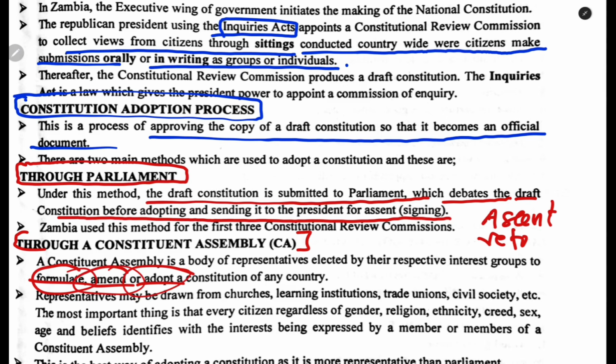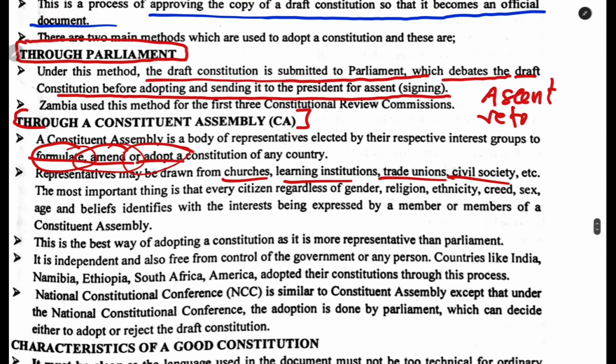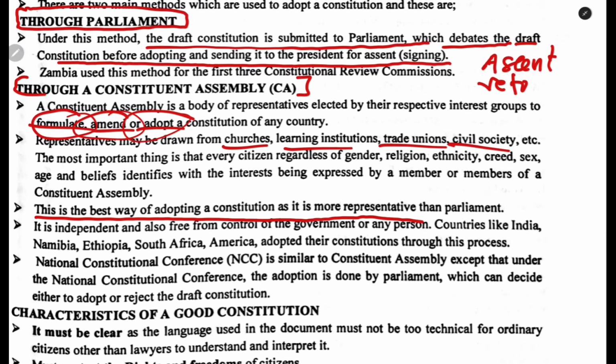And of course, we know what it is made up of: the churches, learning institutions, trade unions, civil society organizations, and all those. Okay. So the best way to adopt the Constitution is through the CA, because it is more representative than the Parliament.